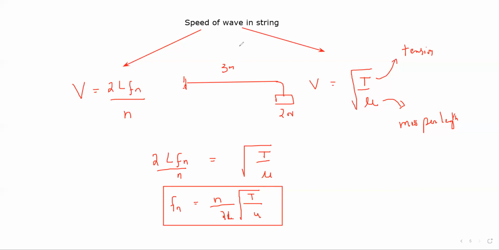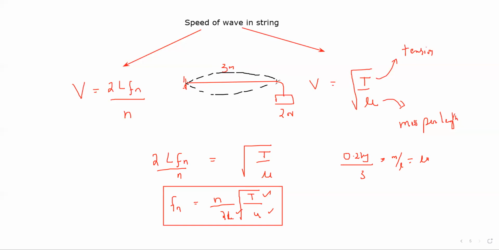For mass per unit length, if they mention the mass of this string is, for example, 0.2 kilogram, and we know the length is 3 meters, then mass divided by length gives the mass per unit length, which is mu. So we will have T, we have mu, we have the length. And if we say it is vibrating in one loop, like this vibration pattern.